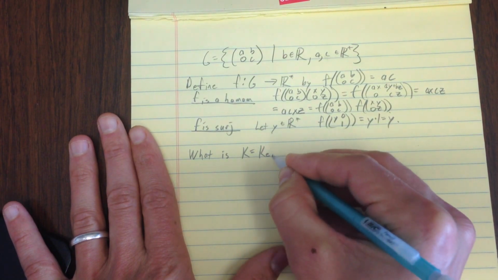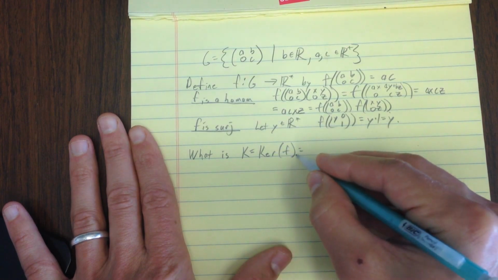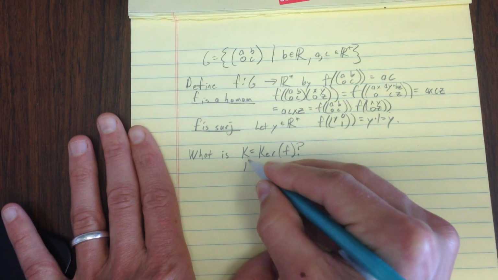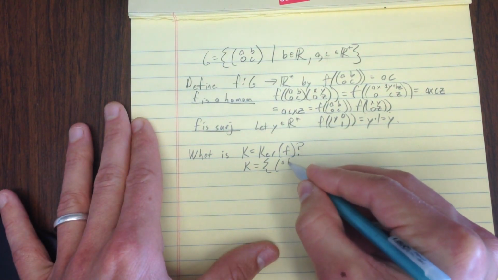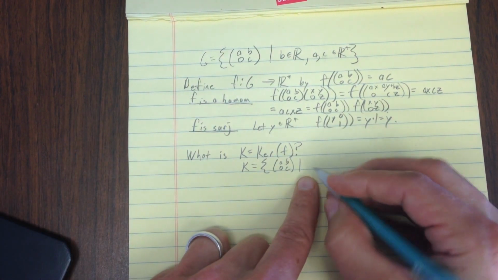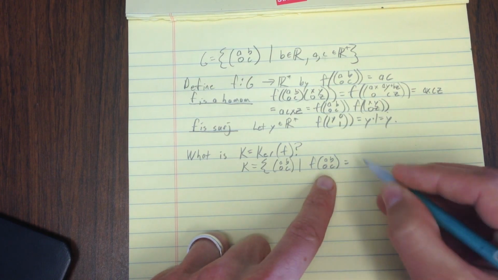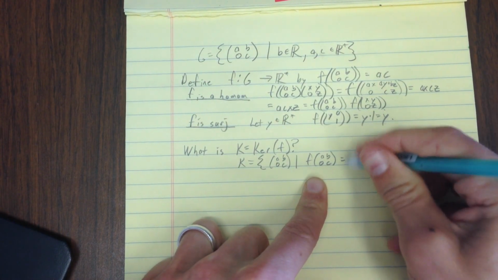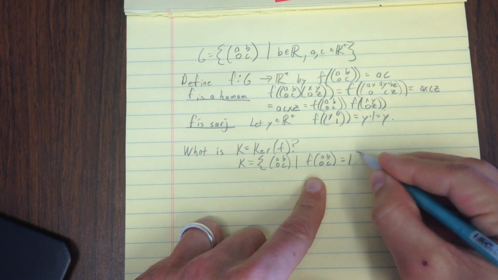I usually denote that kernel of F. Well, that's the set K of matrices [A, B; 0, C] such that F of [A, B; 0, C] equals 0. Oops, 0 isn't the identity in R star, right? The identity in R star is 1.